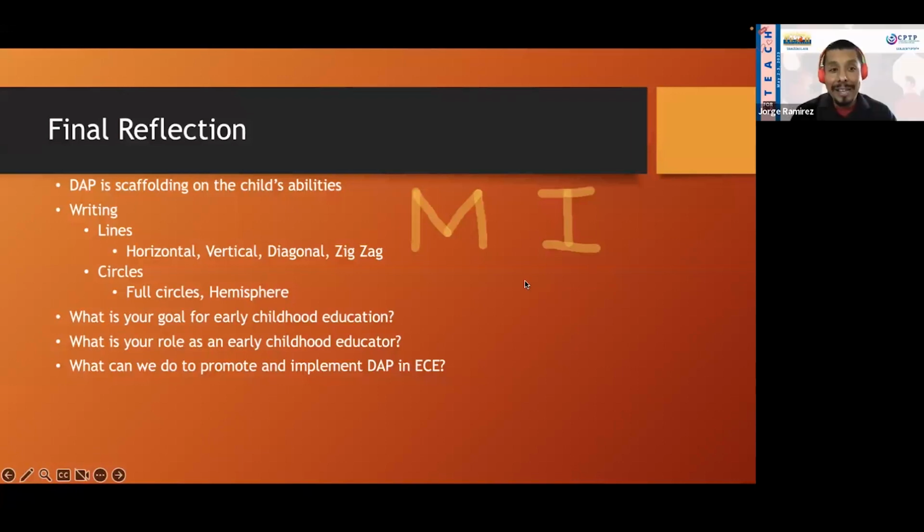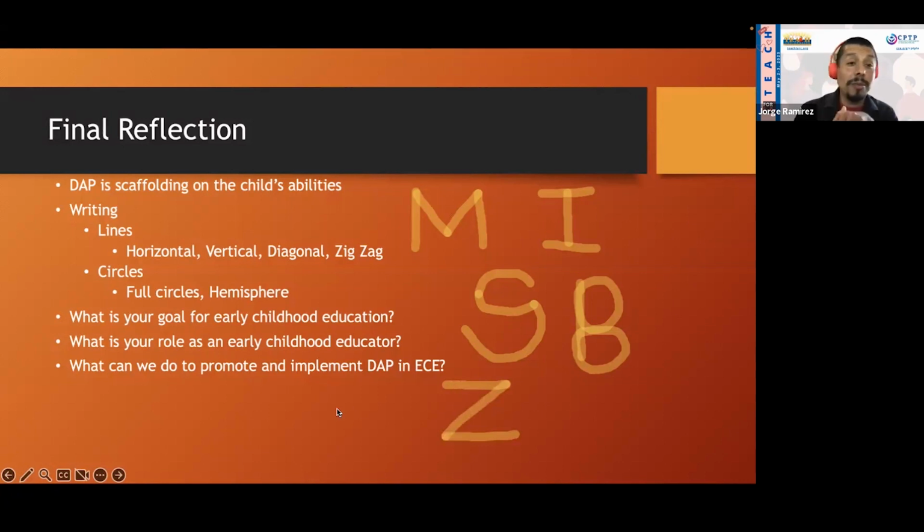S consists of circles, but not full circles, okay? It has a hemisphere, and then another hemisphere, and then another hemisphere. That looks like children's work. B has a vertical line and a circle and a circle. Z has a horizontal line, a diagonal line, and another horizontal line.